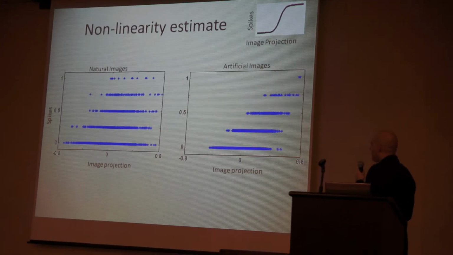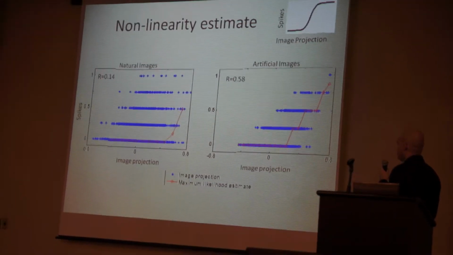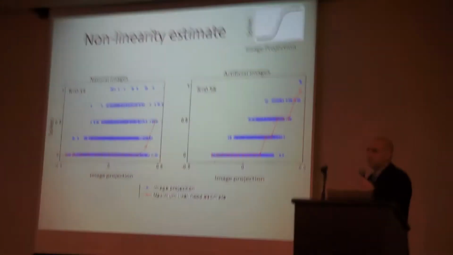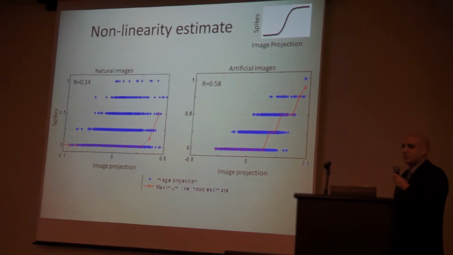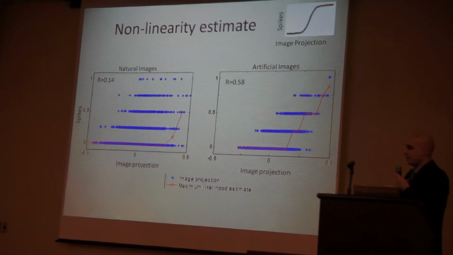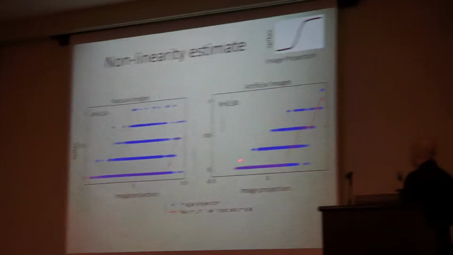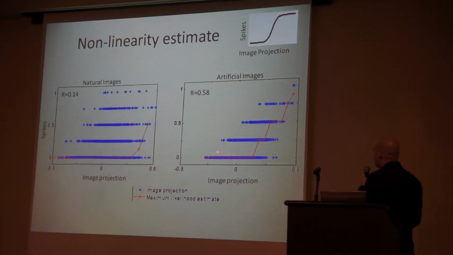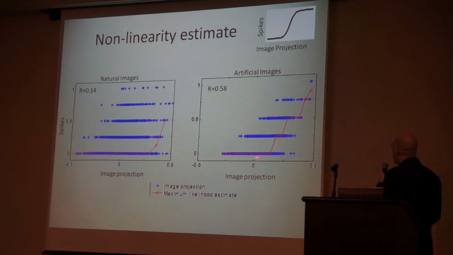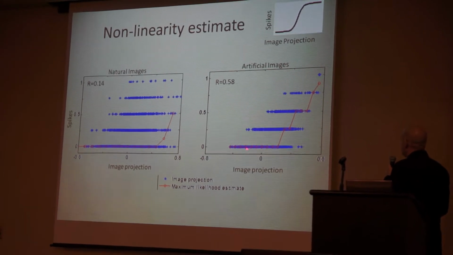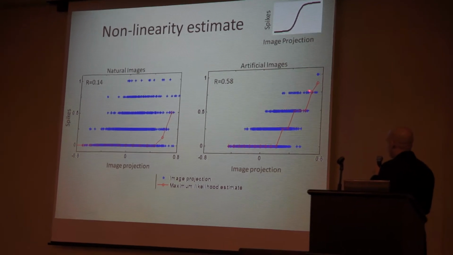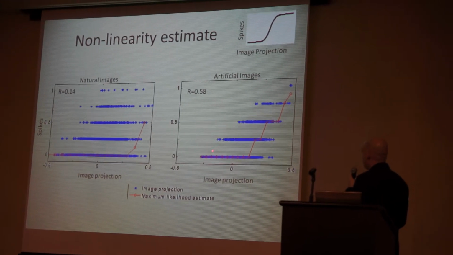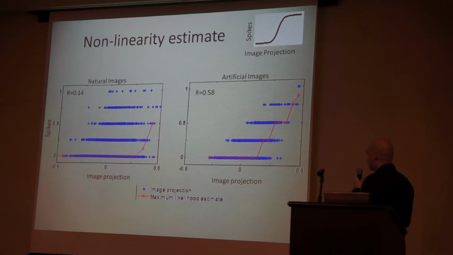Now, I can calculate the maximum likelihood estimate of those data points, which is what I would use to fit a nonlinear function upon. And for artificial images, you can see that the estimate captures the bulk of the cloud pretty well. So it rises up to around 0.75, and it goes through the middle of the cloud.